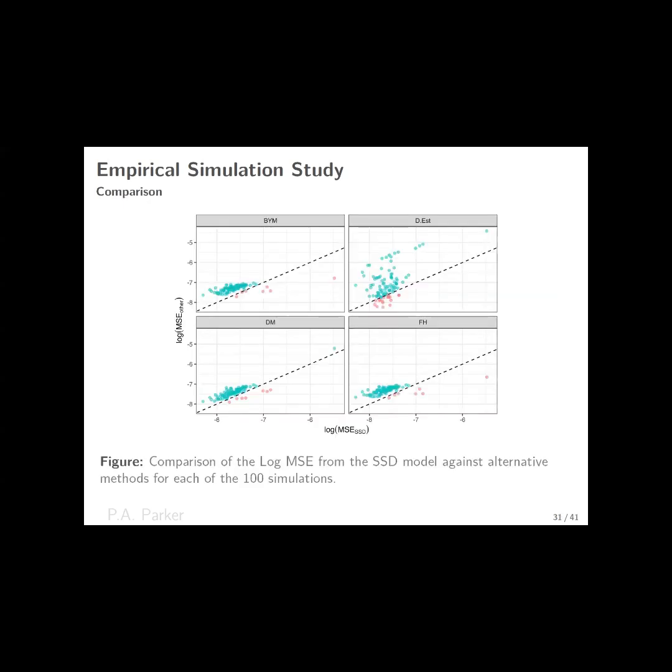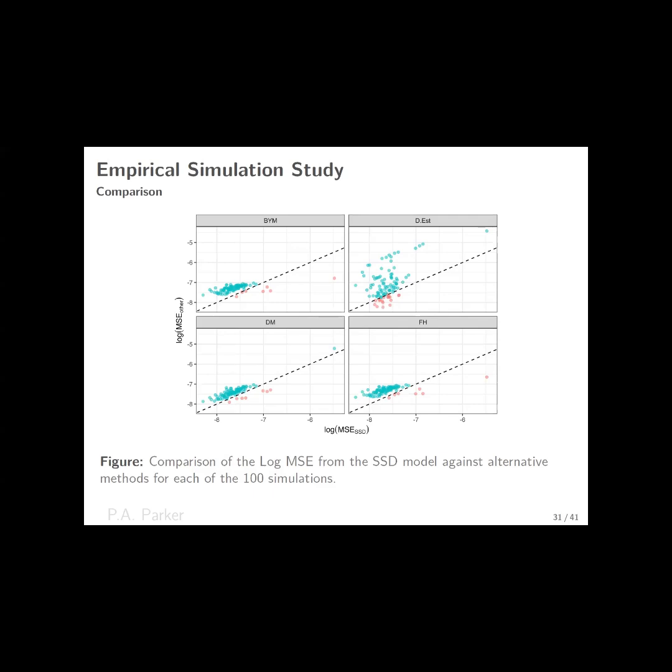So here's a plot where each frame is one of the estimators, not including ours. And then we compare the log MSE of that estimator on the y-axis versus the log MSE of our estimator on the x-axis. So again, us versus each of the other four approaches. And each of these points represents one of our simulated data sets, one of those noisy draws that we took.